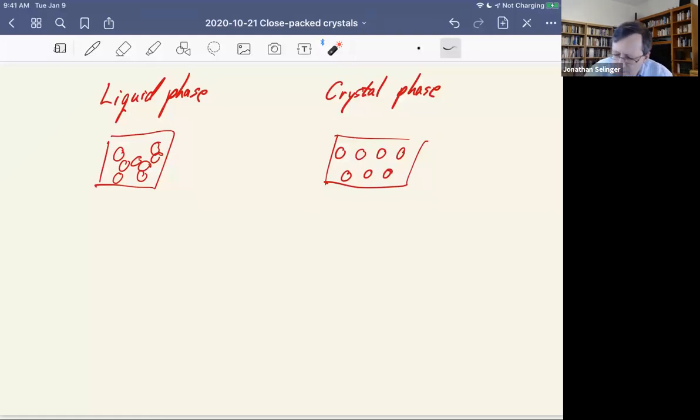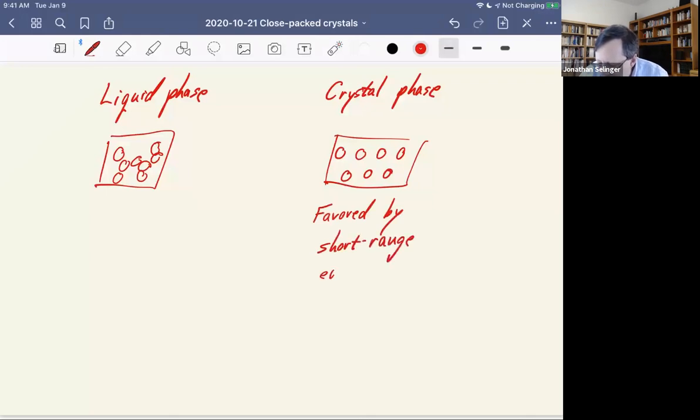And so we might say then that the crystal is favored by the short-range entropy of vibrations, whereas the liquid is favored by the usual long-range entropy.